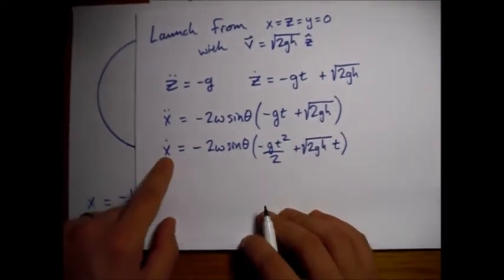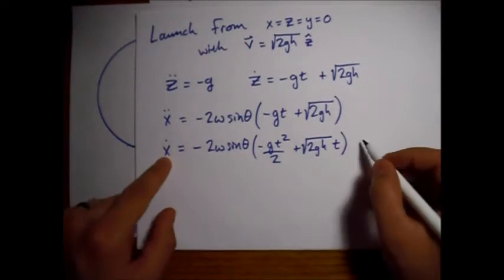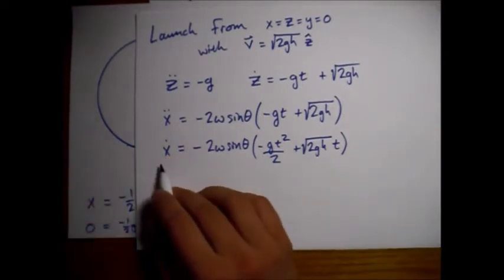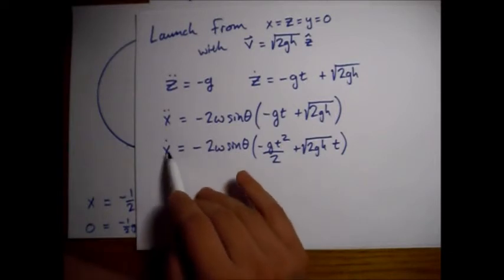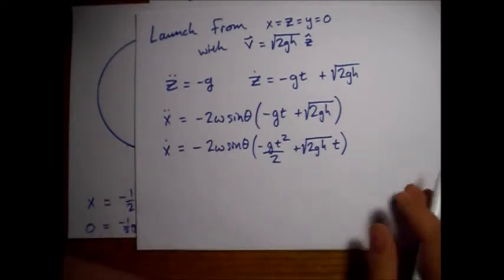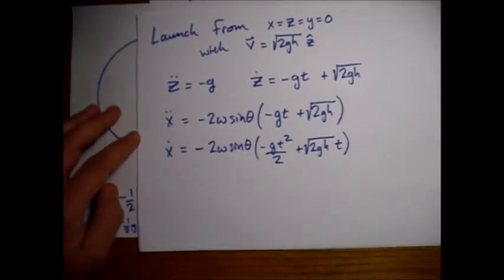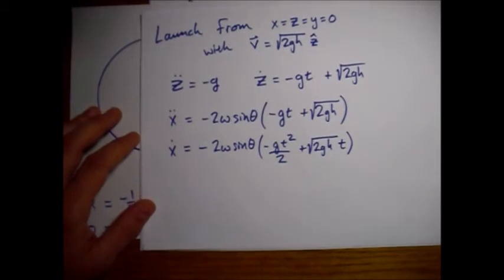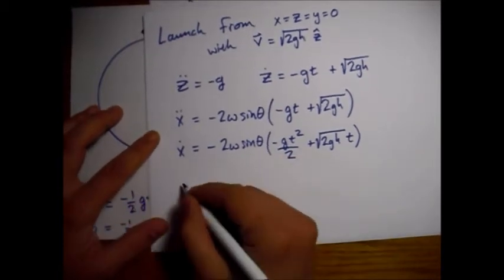Okay, and we could put another constant of integration out here, but our initial x velocity is 0. We're launching it straight up, not at some direction along the x-axis. Okay, so integrating one more time.